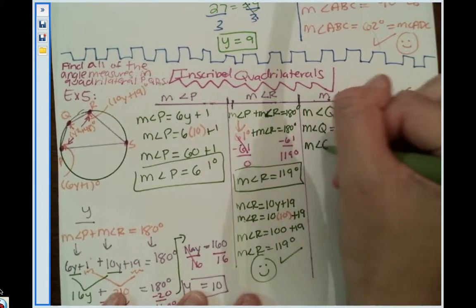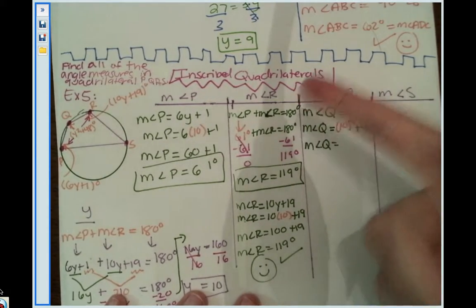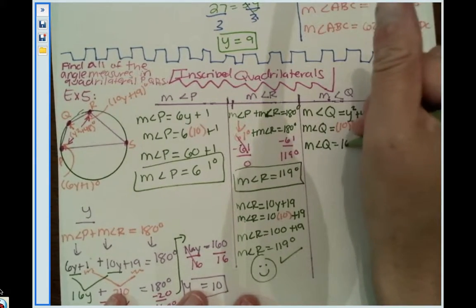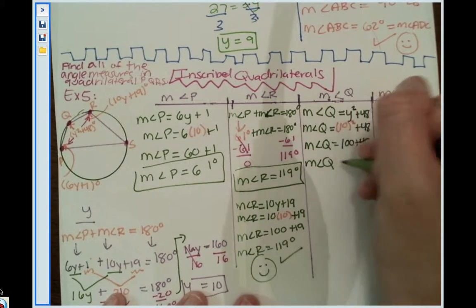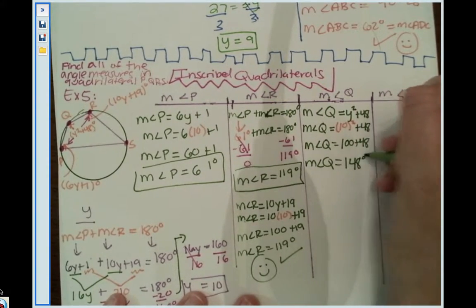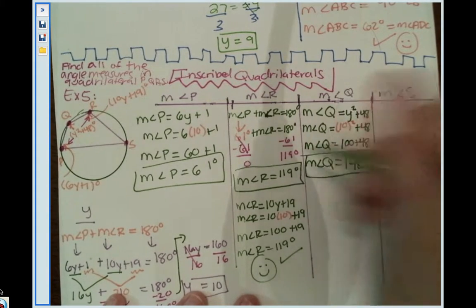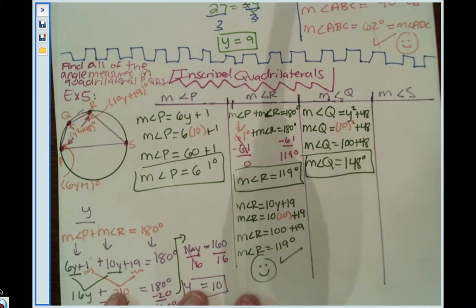All right, so the measure of angle Q equals 10 squared, which 10 times 10 is 100. And 100 plus 48 equals 148 degrees. Bam, chicka bam. All right, guys, we're getting close.